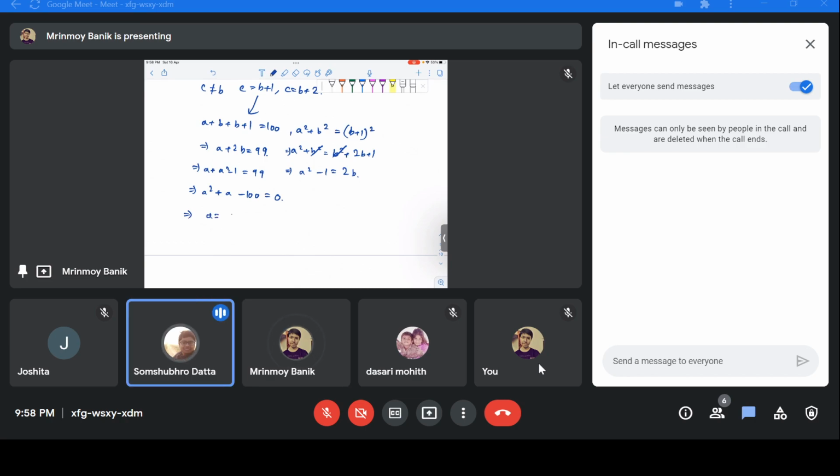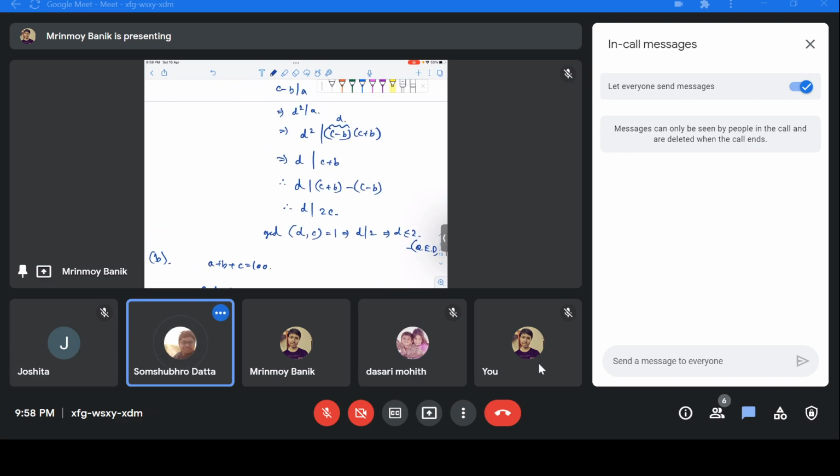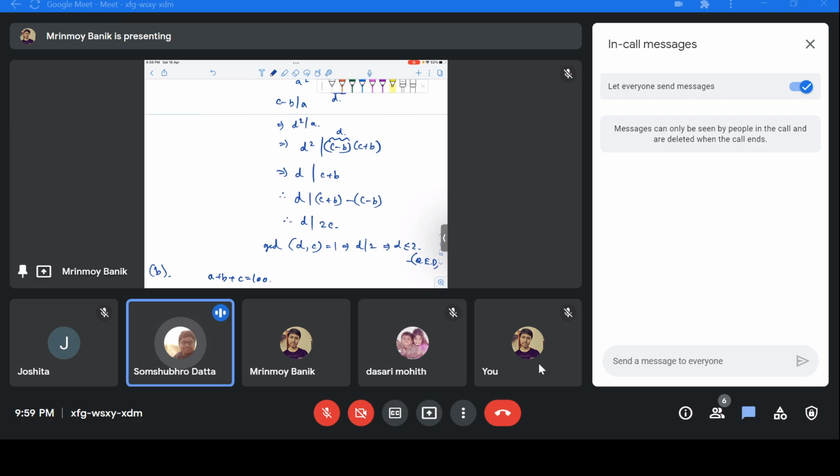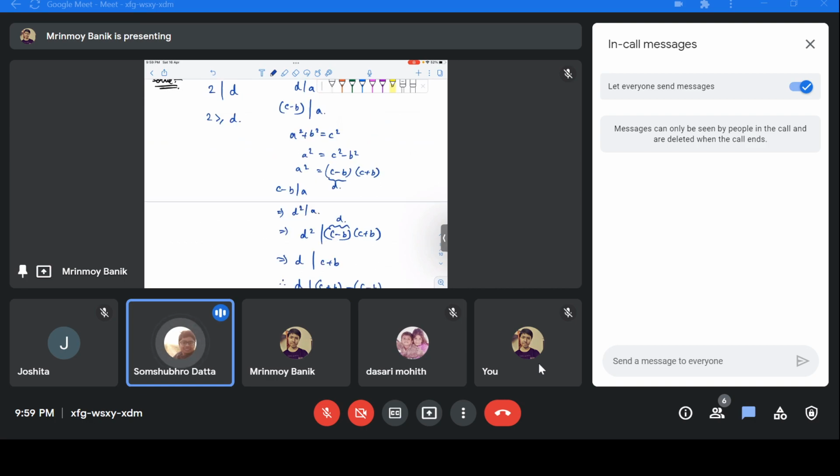So in the previous one, I got D squared should be less than or equal to 1. That means obviously it should be less than 2. Wait, how did you get that? I don't think that's right. So okay, D is equal to root over A squared plus B squared, minus B. Right, sir?